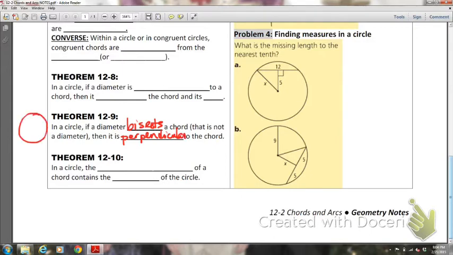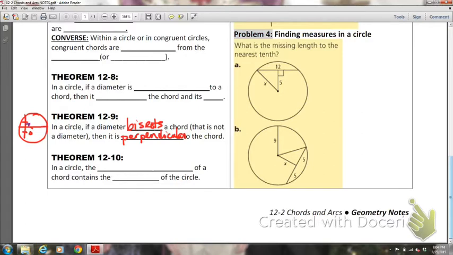Same diagram, circle O. So if you have a diameter and you know that it bisects that chord, then that means that the diameter has to be perpendicular to that chord. And where this will come into play in some problems is that that gives you right triangles that you can do calculations with, knowing that that's perpendicular and you have a right angle there.